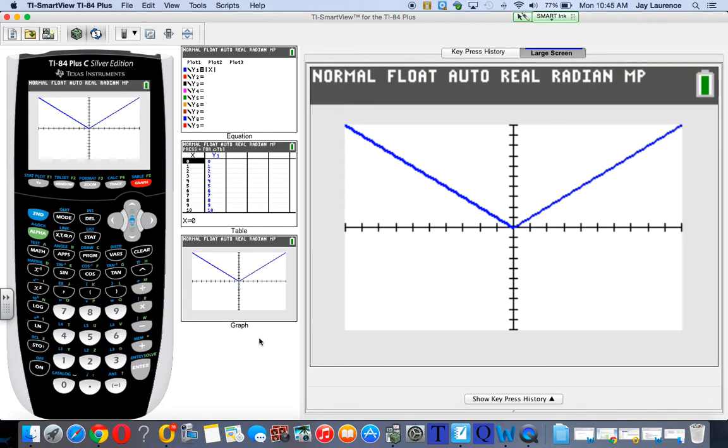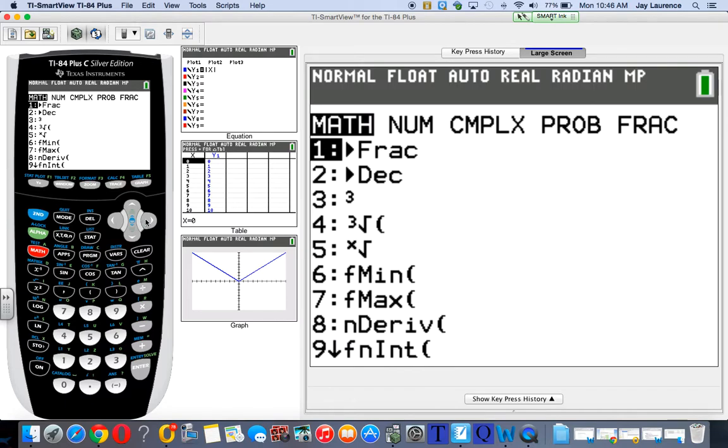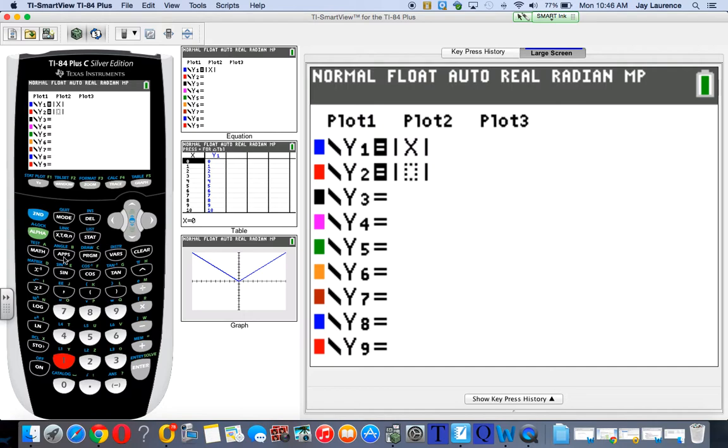Okay, now, what do you think will happen if I have an absolute value of x? So I go to math, I go to number, hit the 1, absolute value of x, and let's add 3 outside, okay?